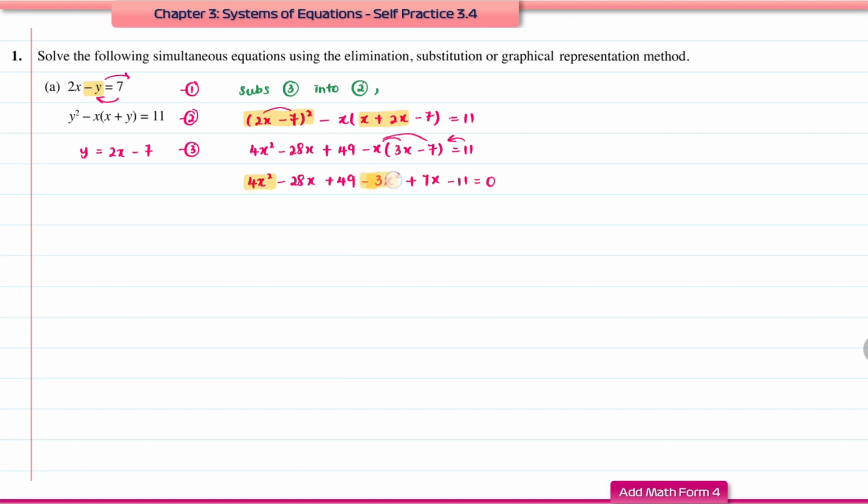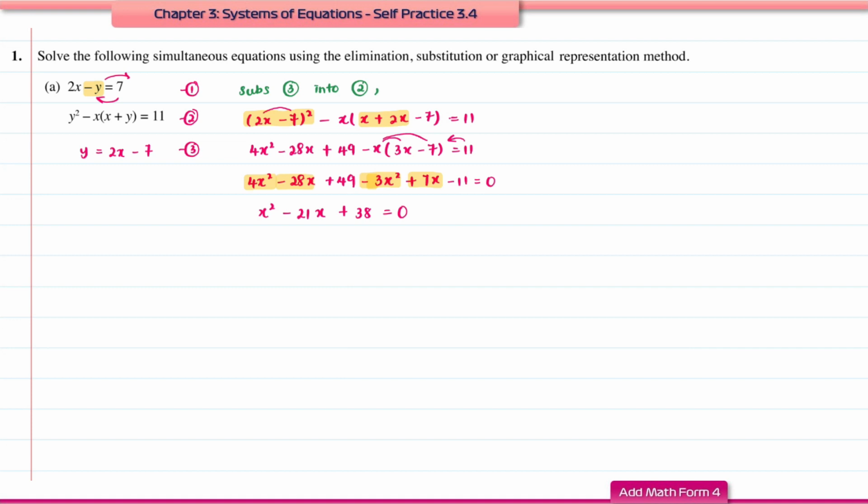So 4x squared minus 3x squared, you're going to have x squared. And negative 28x plus this 7x, you're going to have negative 21x. And this positive 49 minus the 11, you're going to get a positive 38. So this is the quadratic equation that has been written in the general form.